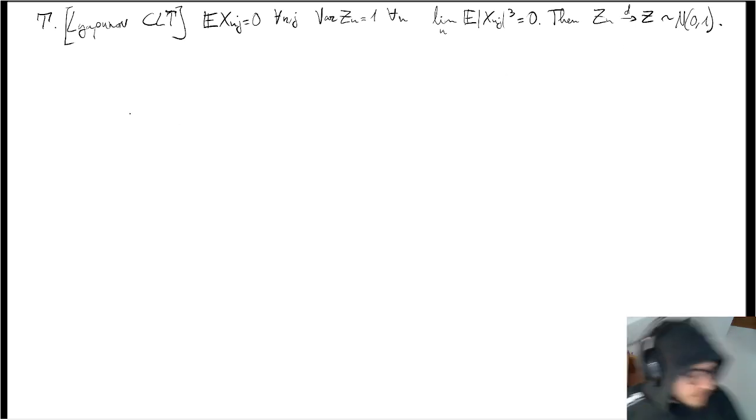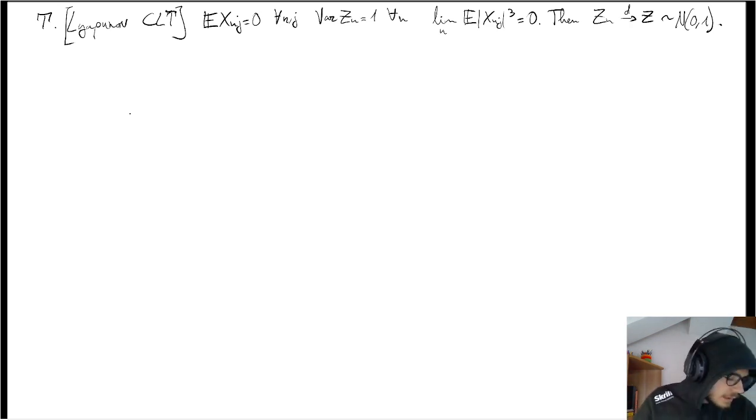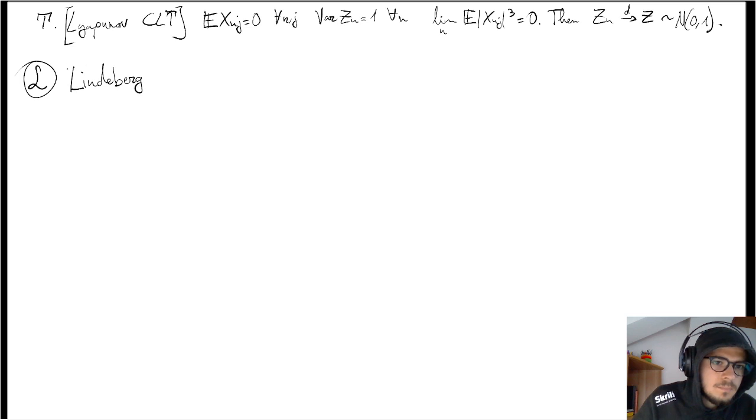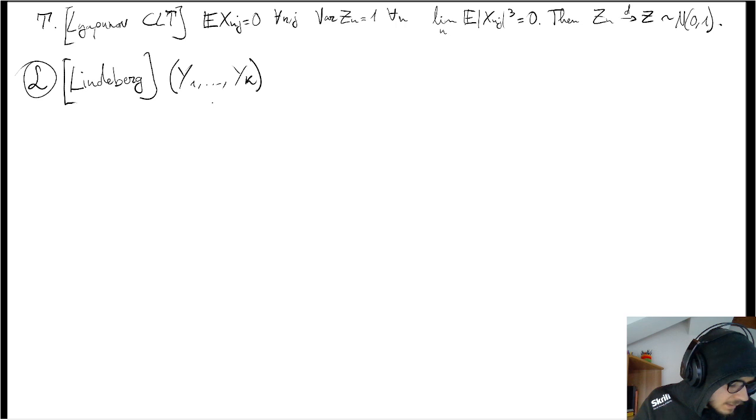And to prove this, we rely on Lindeberg's lemma. Let Y_1, ..., Y_k be independent random variables with mean 0.